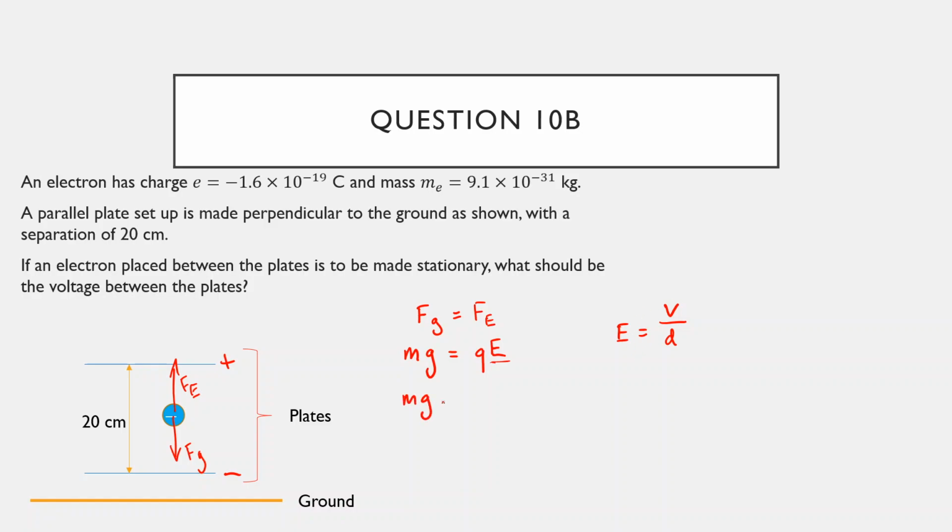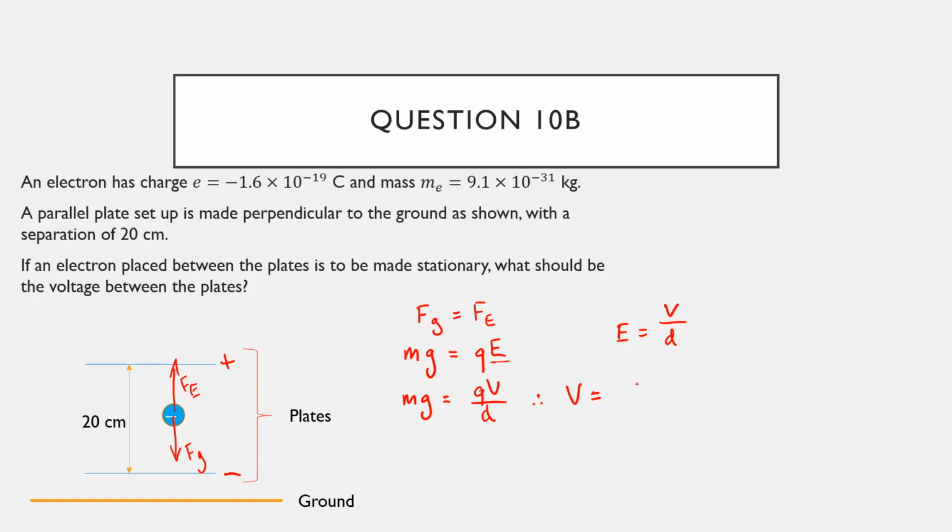And I get mg equals Q times V over D. Beautiful. Now we've got an expression with voltage in it, which is what we're trying to find. And we know everything else here. We know m, we know g, we know Q, and we know d. So it just becomes a matter of solving for V here.